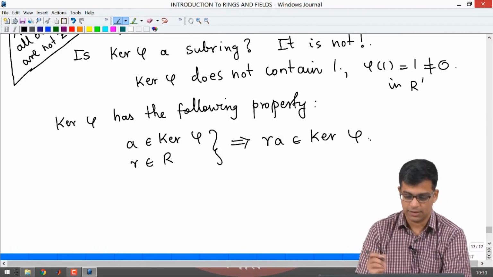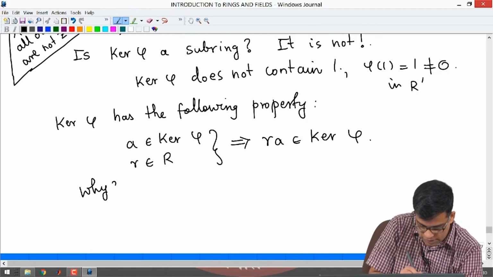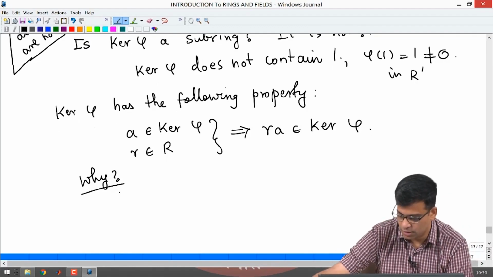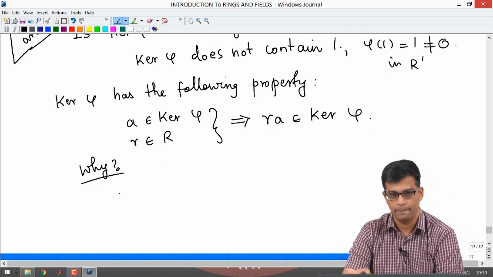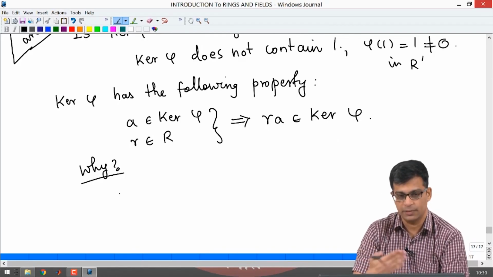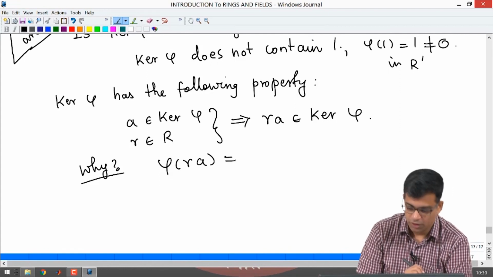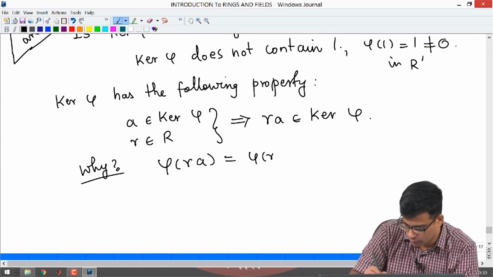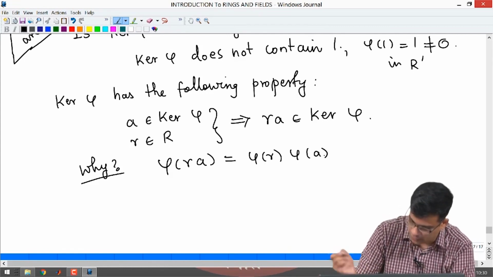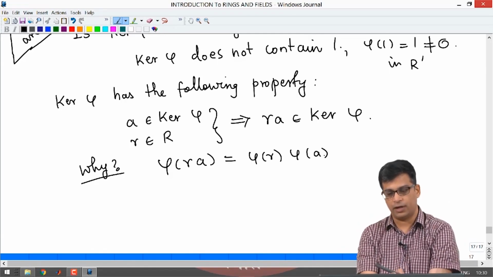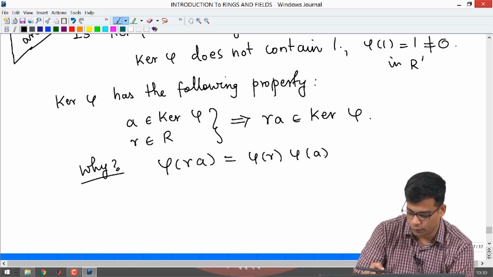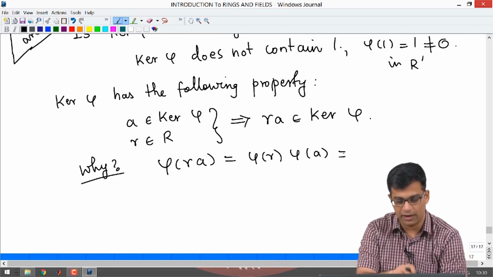Okay. Why is this? This is very easy to check. In order to check if something is in the kernel, we have to see if its image is 0 or not. So, what is phi of R A? Phi of R A, by definition of a ring homomorphism, is phi of R times phi of A. Now, R is an arbitrary group element. So, we do not know anything about phi of R, but we do know that A is in the kernel.